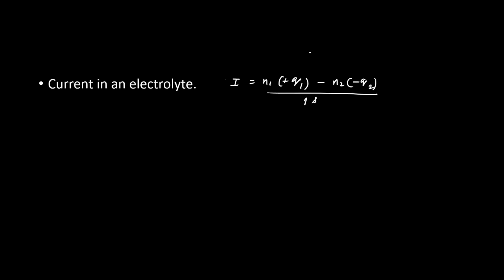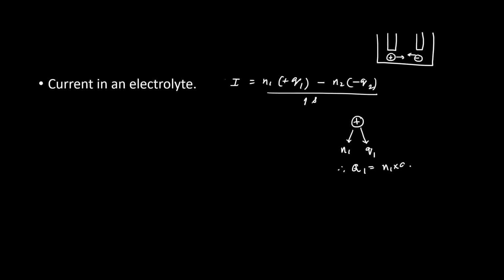Now, what does that mean? As I told you, inside an electrolyte there is positive charge flowing in one direction and negative charge flowing in the other direction. Positive charge has a charge Q1 on it, and there are N1 number of positive charges. So the total amount of positive charge is N1 times Q1. The negative charge has a charge Q2 on it, and there are N2 number of negative charges, so the total is N2 times Q2.